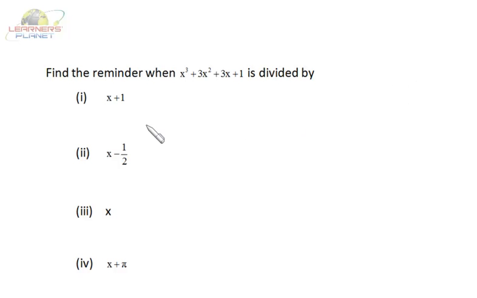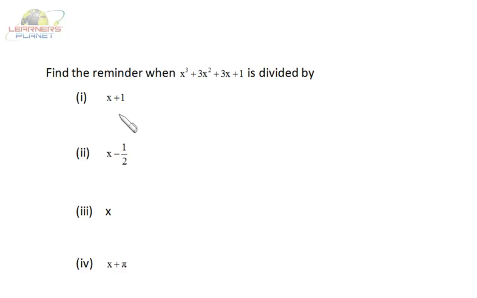Now let's take the first question. Find the remainder when x cube plus 3x square plus 3x plus 1 is divided by these various polynomials. So in the first case, this polynomial is divided by x plus 1 and we have to find out the remainder. Now just have a quick recap of remainder theorem.